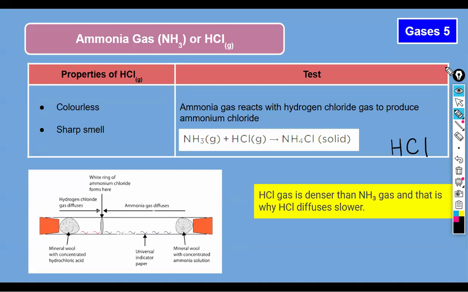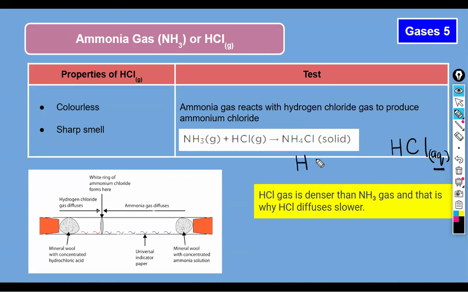When you see HCl, most of the time it has AQ next to it. What does AQ mean? Aqueous, which means it's a solution, meaning that the HCl is dissolved, and most of the time it is dissolved in water. This is hydrochloric acid, the HCl with AQ.